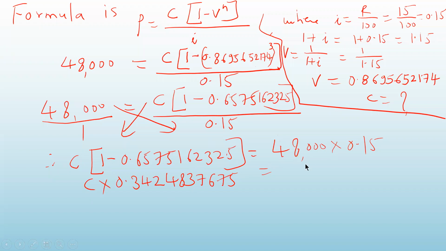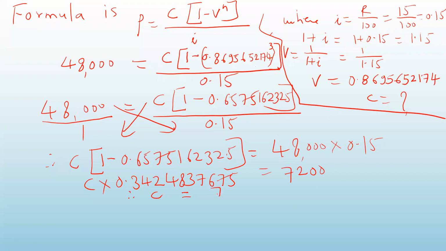And what is 48,000 into 0.15? 48,000 into 0.15 gives you 7,200. So the right hand side gives you this and the left hand side is C into this. Now you have to find out the value of C. So what will you do with this number? You have to shift this number here, so it will divide.